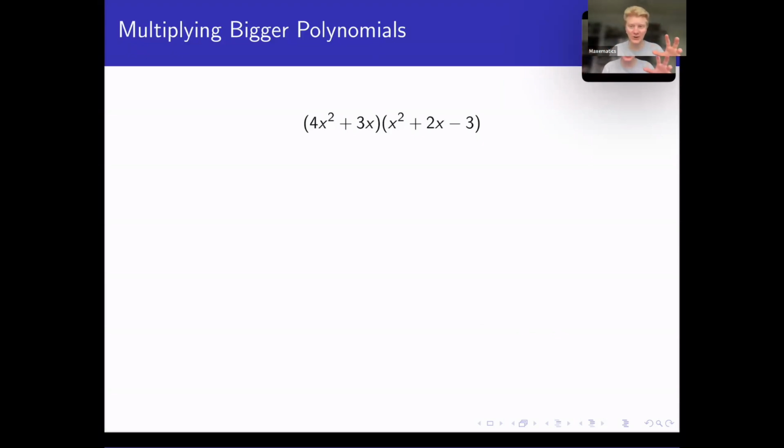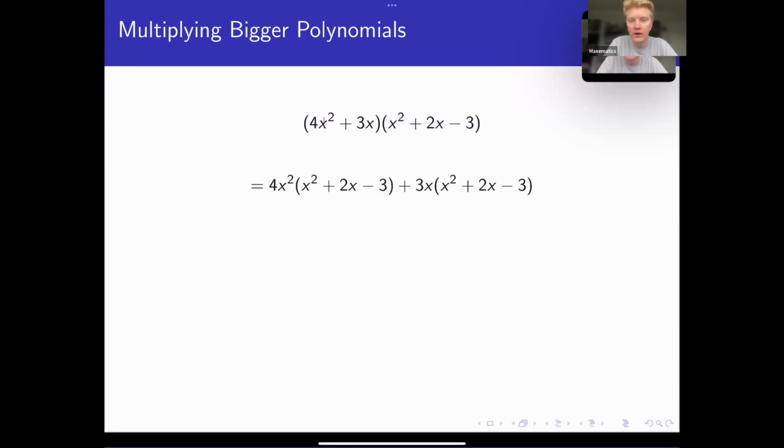And the second term in the first binomial went to each term in the outer part. It's making more sense saying it in my head, but I think you guys understand. So long story short, what we're going to do is make sure we do 4x squared times each part here and 3x times each part here. So in a sense, 4x squared times all this plus 3x times all of this.